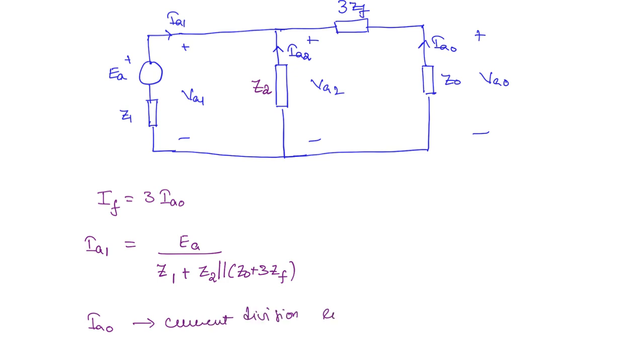According to the current division rule you will get this impedance divided by the sum of this and this impedance times the total current. So this will be Z2 divided by Z2 plus Z0 plus 3 ZF, times IA1. Once you find IA0 then you can find out the fault current and the phase voltages also.